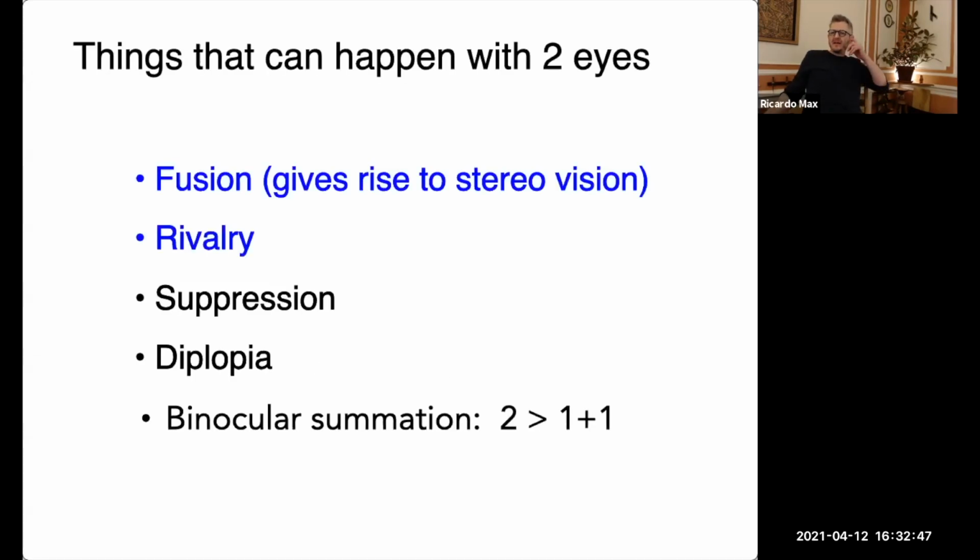The idea is that, let's say that the minimum threshold for perceiving an object is 3 photons, okay?